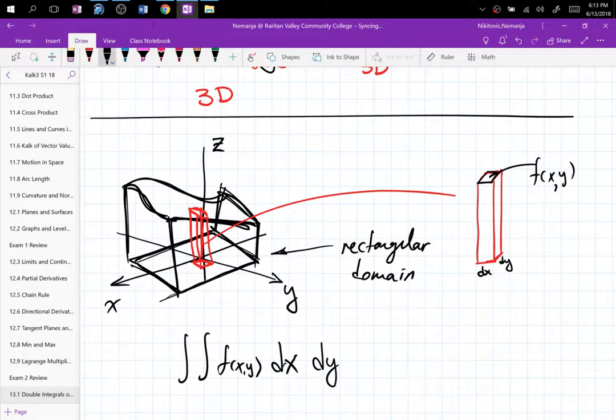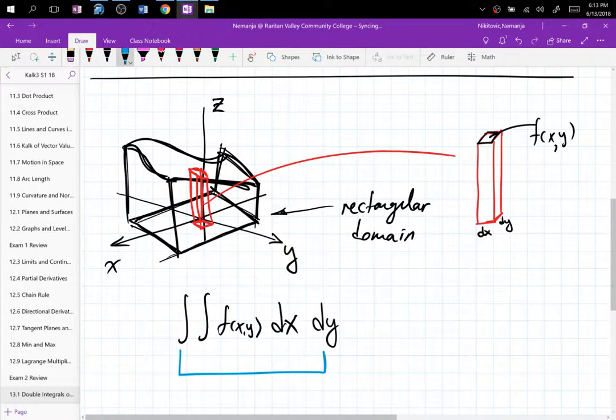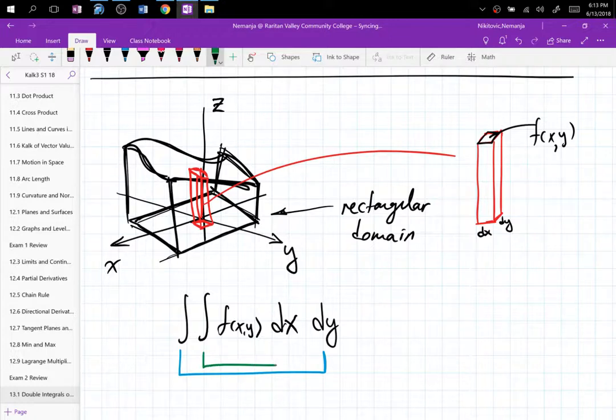Now, I will color code this. The integral outside corresponds to dy, and in green, the integral on the inside corresponds to dx. So the outer is, in this case, dy, and the inner is dx. And I'm also going to put a, b, c, d.